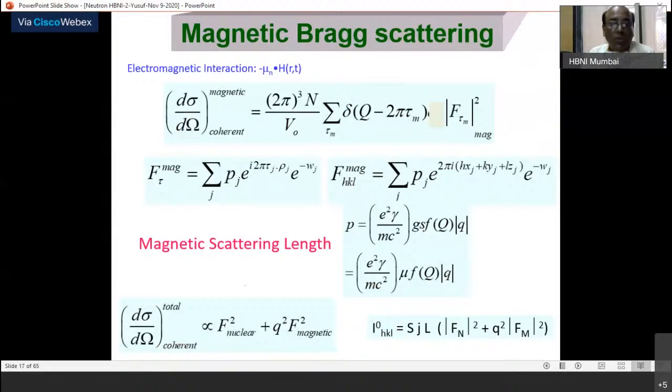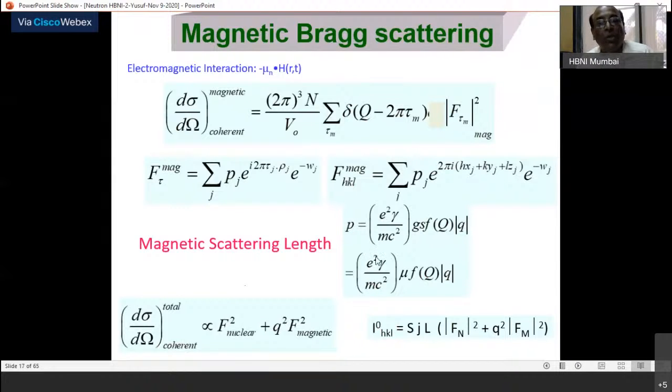But nevertheless, since we know that only the perpendicular component contributes, we can get back by program, through the analysis, the total moment, by taking into consideration that it has only seen the perpendicular component. So what is my original net component, what is the net value, that is taken care of. And so as I said, this is the magnetic scattering length, and the expression I have already given.